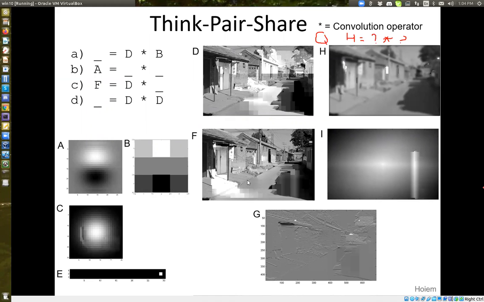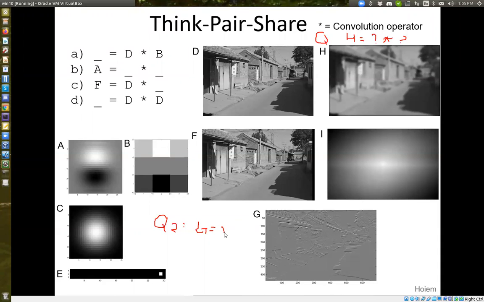So what's G? This is the second question here. Again, it's a test of my amazing mouse skill. This is question two. G is equal to what convolved with what?